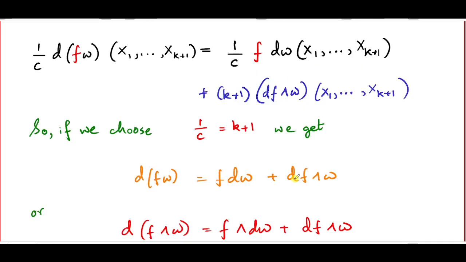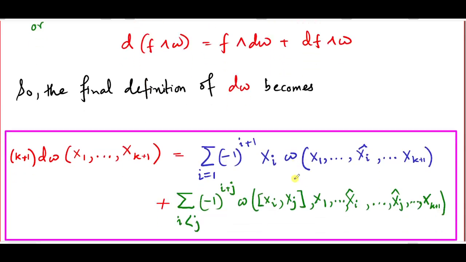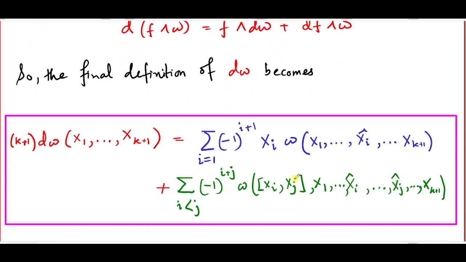We have now a formula for an exterior derivative which is R linear, C infinity multilinear, alternating, and also obeys the Leibniz property at least when you have a function multiplying a form. And this is the definition.